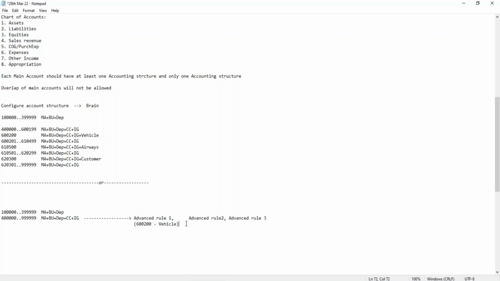For advanced rule 2, for 610500, I'll map Airways.